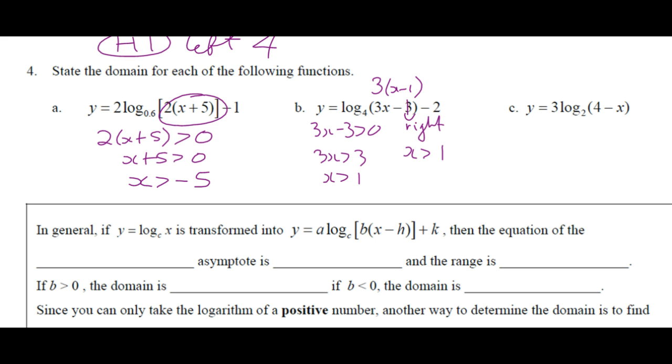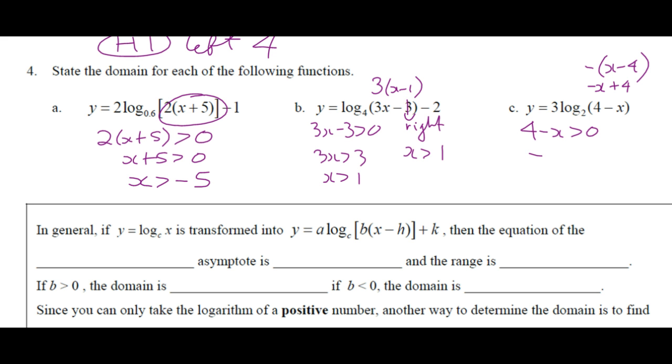This one? Okay, so you guys say, well, it's reflected in the y-axis, and then it's moved. Well, wait, we can't do this without factoring it out, right? So you'd write negative x plus 4 if you want, and then negative x minus 4. So we've got a reflection. Now, this might be easier to just go 4 minus x is greater than 0.